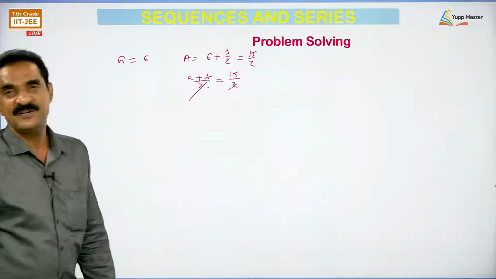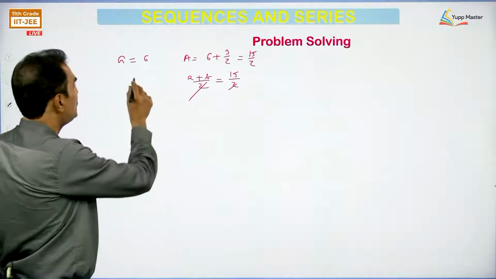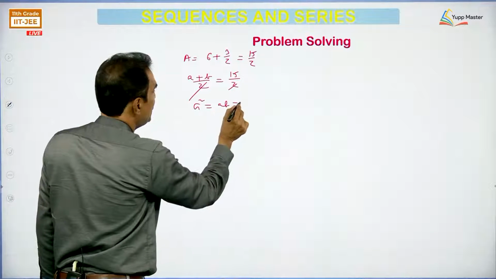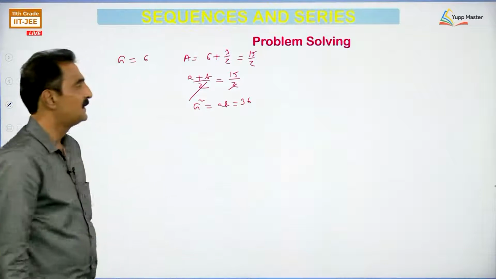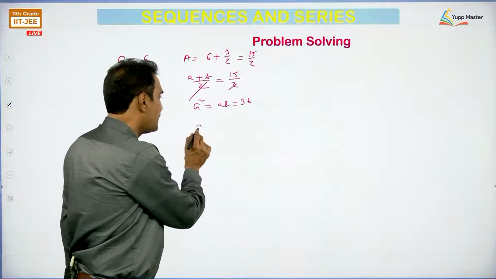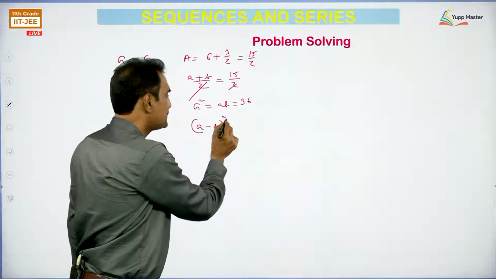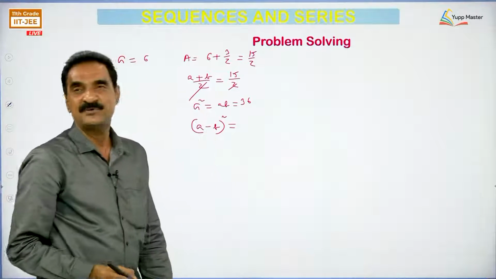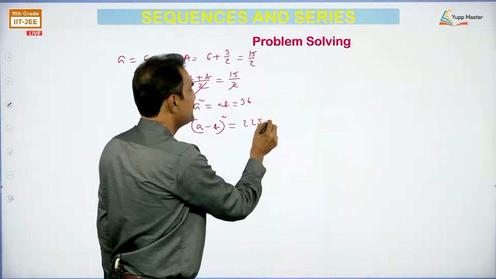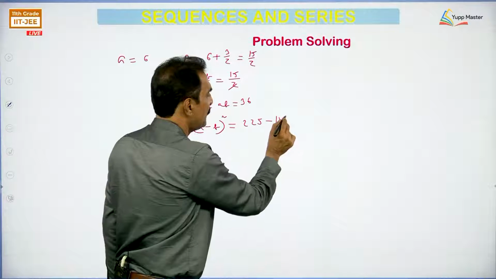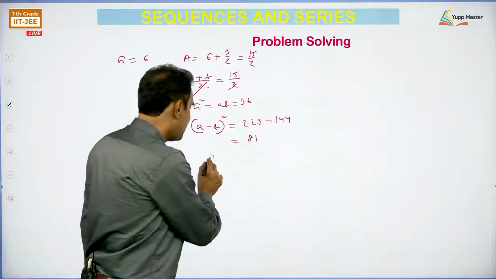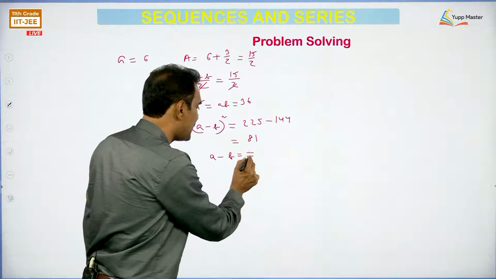So, we get A plus B is equal to 15, and G squared is equal to AB. AB is 36. When you have A plus B and AB, you can calculate A and B by finding (A minus B) whole squared. (A minus B) squared is equal to (A plus B) squared minus 4AB. 15 squared is 225 minus 4AB, which is 4 into 36, 144. Then you will be getting 81. Then A minus B is equal to plus or minus 9.